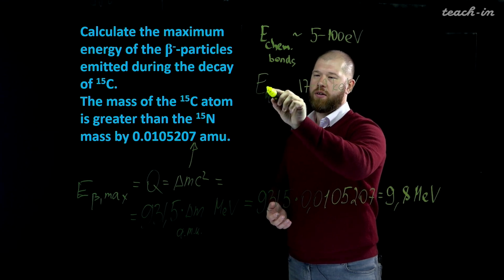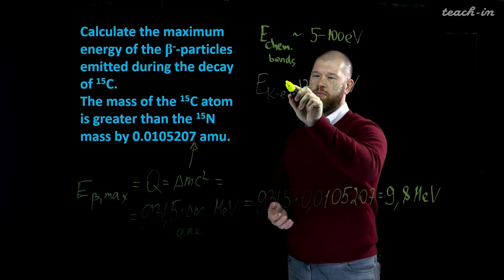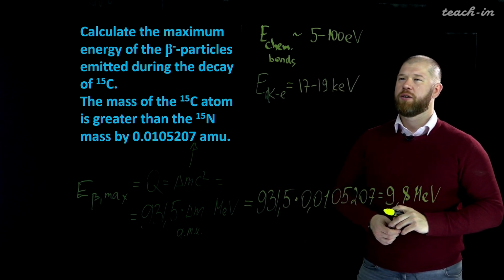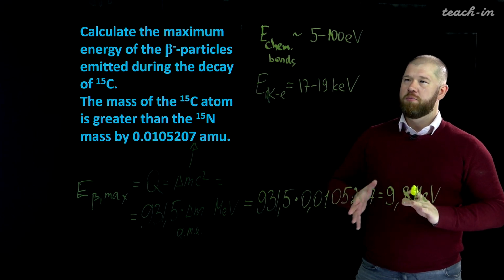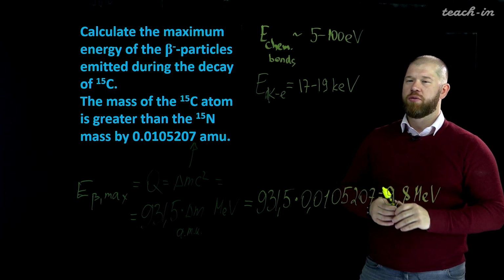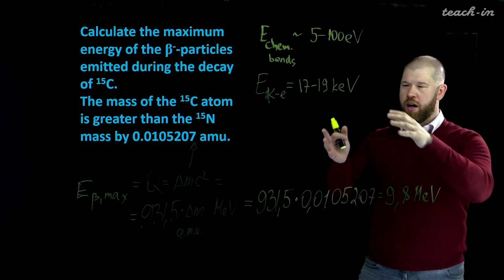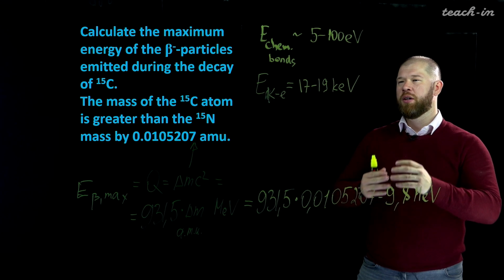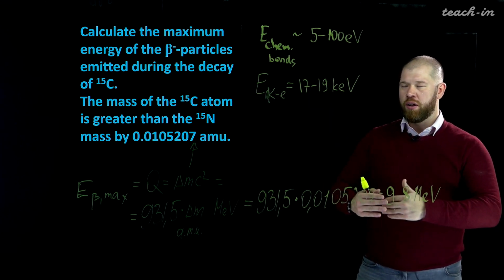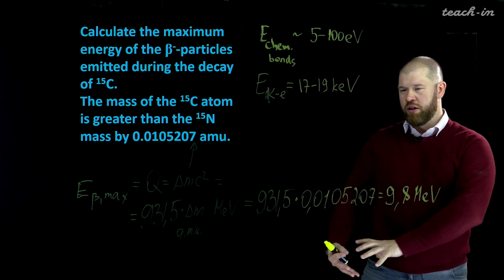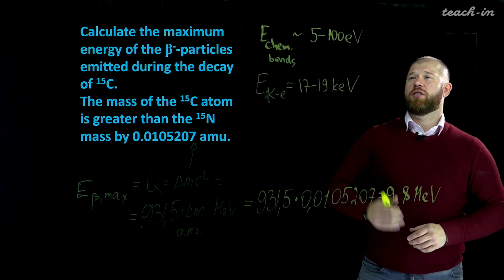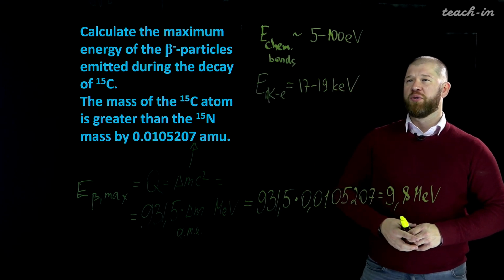It is a K electron, so it's an electron located on the K shell of the atom. But for chemical bonds, it is the energy of the interaction between the electrons on the outer shells of the atoms. So their interactions are not as strong as the interaction between the electrons on the inner shells of the atom and the nucleus, and this energy is just tens of electron volts.